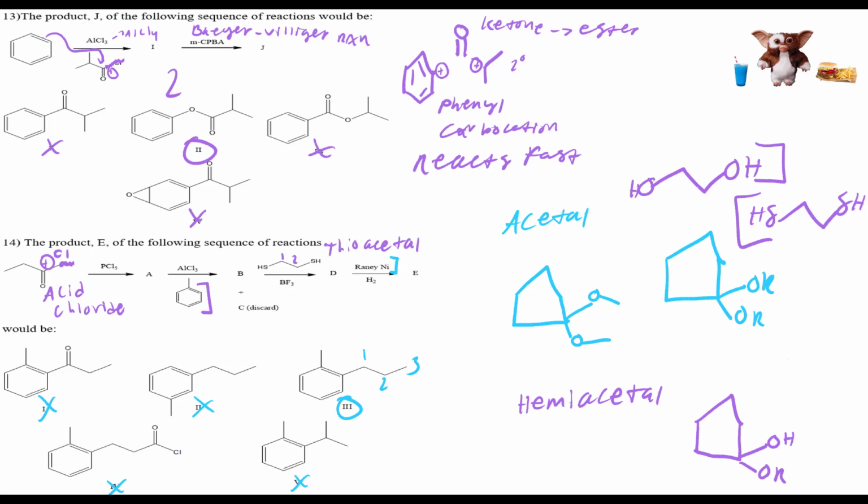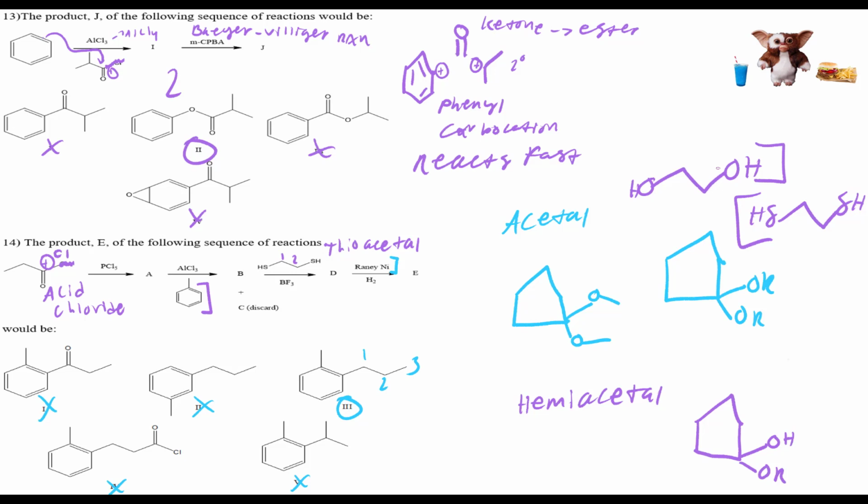Now, the reason why we make acetals in the first place is because they're very stable in basic solutions. And if you wanted to, you can convert the acetal back into an aldehyde or a ketone with acid. Sometimes in the lab, you can use acetals to protect your aldehydes and ketones from undesirable reactions, such as a Grignard reaction.